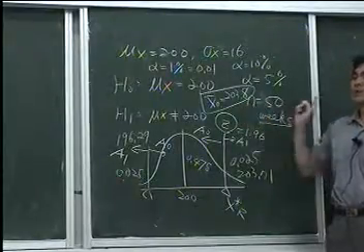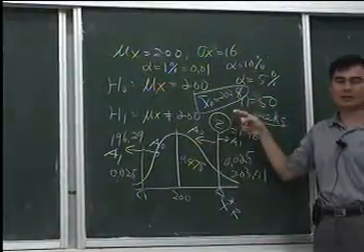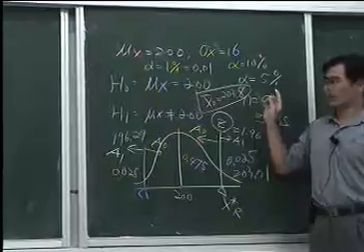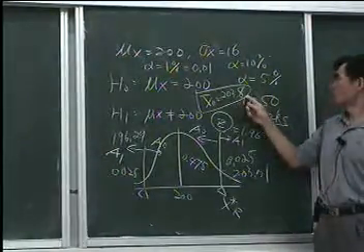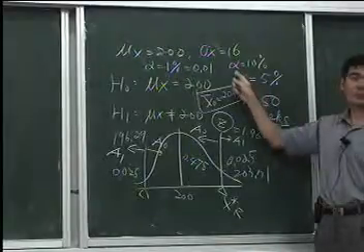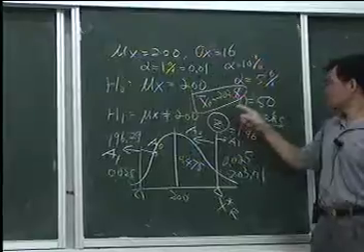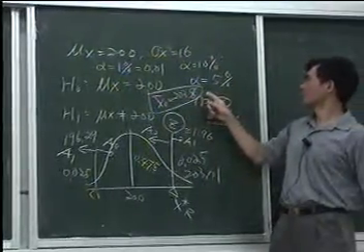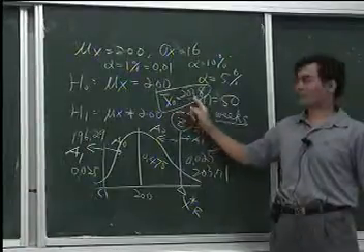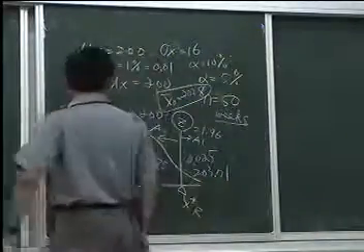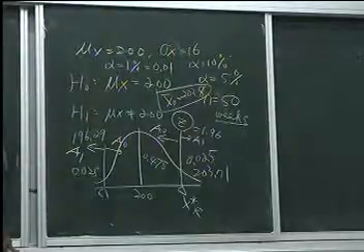So whether you accept H naught or H1 depends on two conditions. One is the significance level, and the other is, of course, this value.